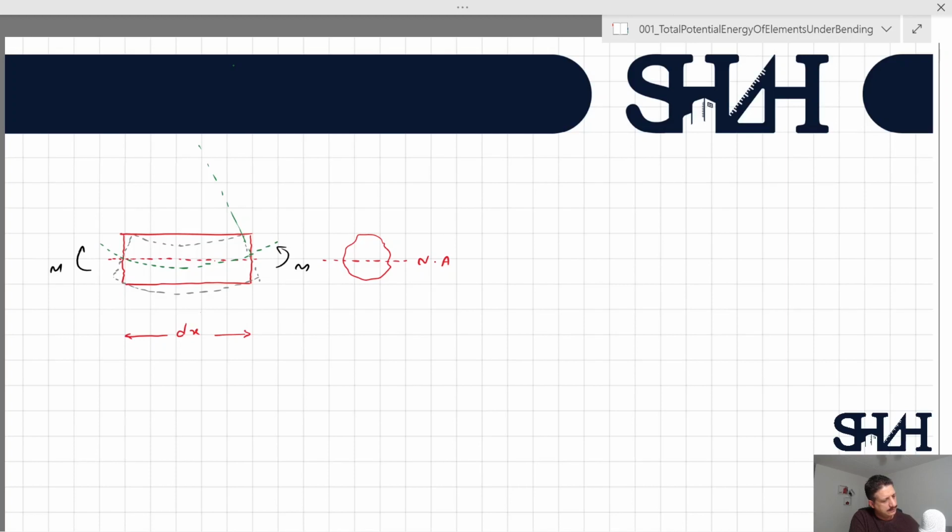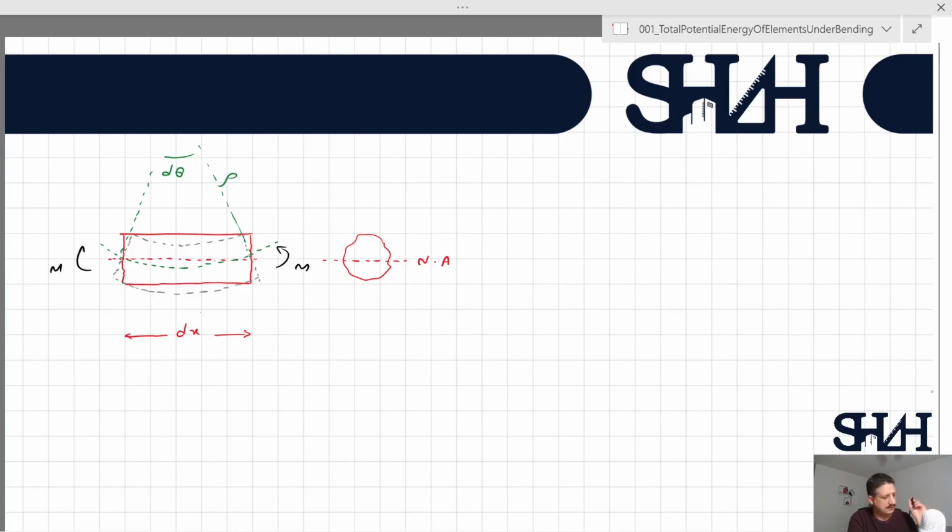And so after bending, the system would have a kind of curvature. And the curvature has its own angle. Let's call it d theta. We know that the radius of this curve will be rho.